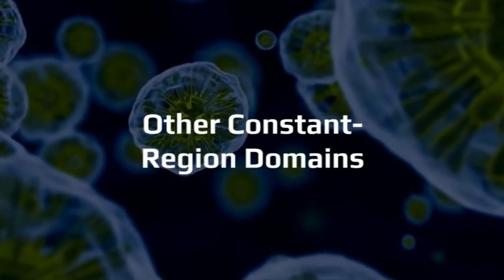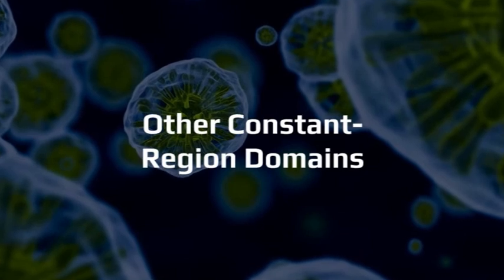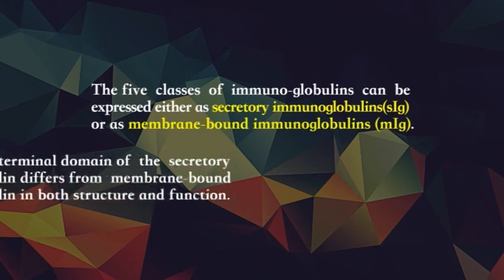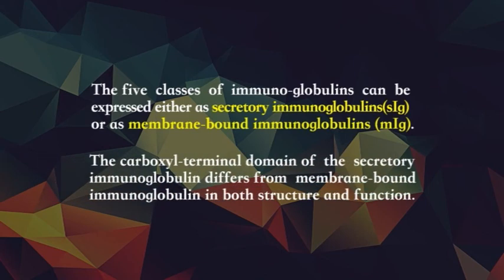Other constant region domains. The 5 classes of immunoglobulin can be expressed either as secretory immunoglobulins, sIg, or as membrane-bound immunoglobulins, mIg. The carboxyl terminal domain of the secretory immunoglobulin differs from the membrane-bound immunoglobulins in both structure and function.